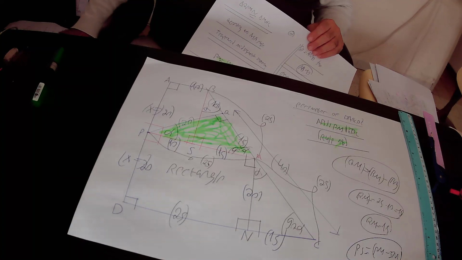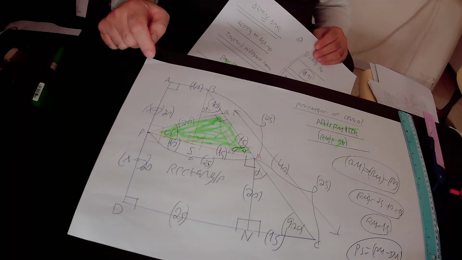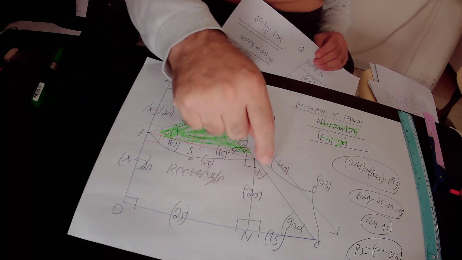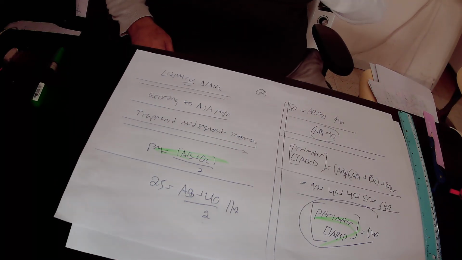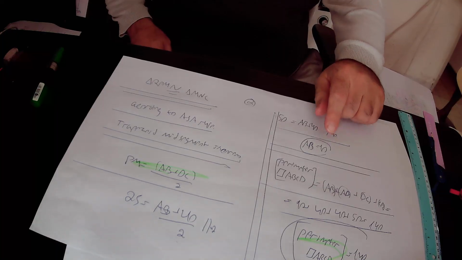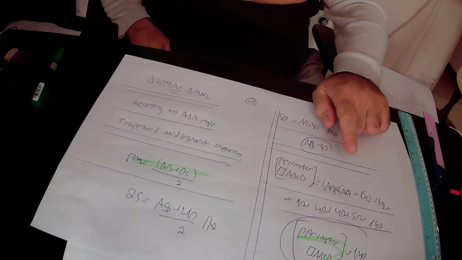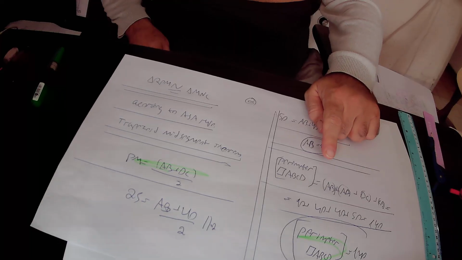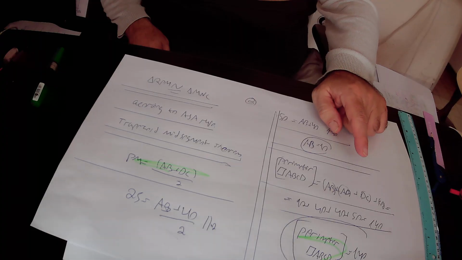Our task is to find the perimeter of this quadrilateral ABCD. We know that the perimeter of any quadrilateral is equal to the sum of its four side lengths. That is to say, it is equal to AB plus AD plus DC plus CB. AB is 10, plus AD is 40, plus DC is also 40, and CB is 50.